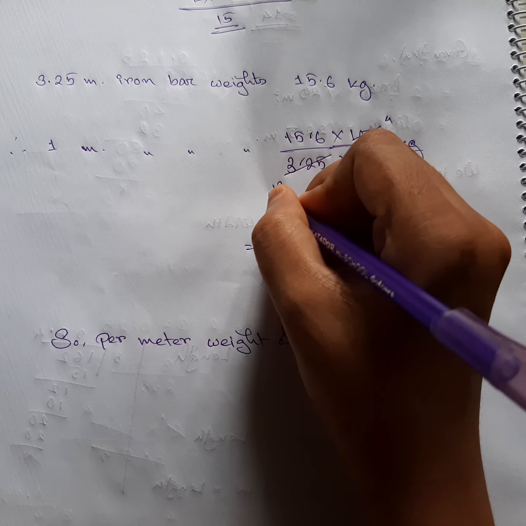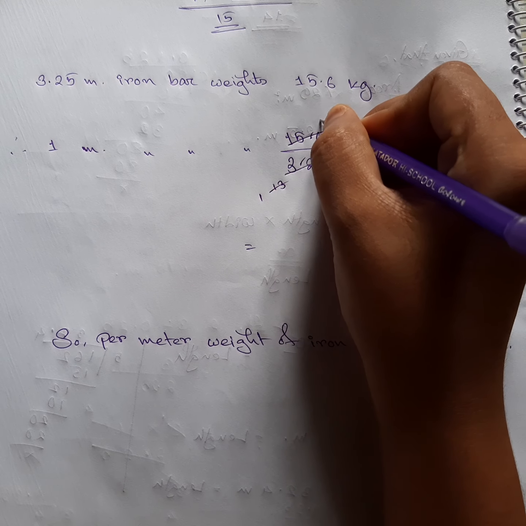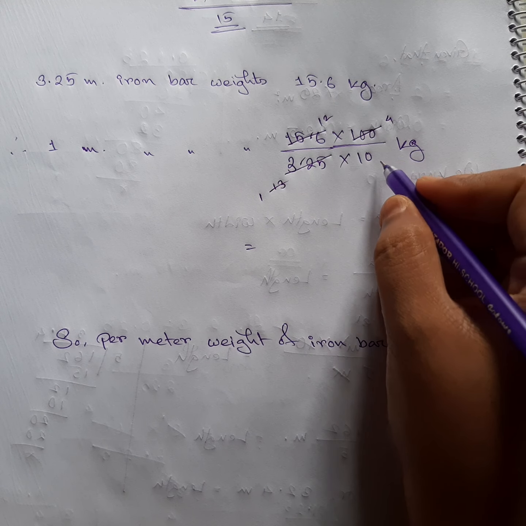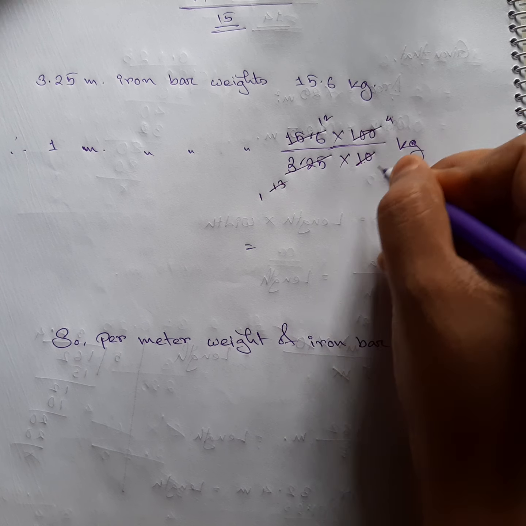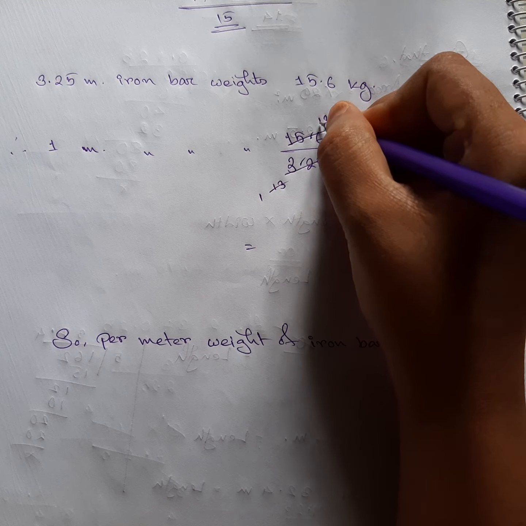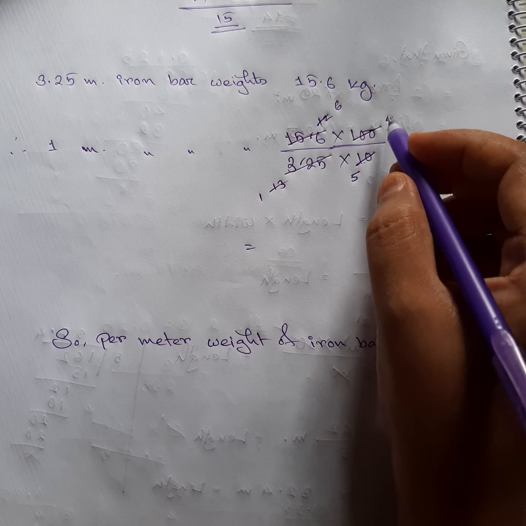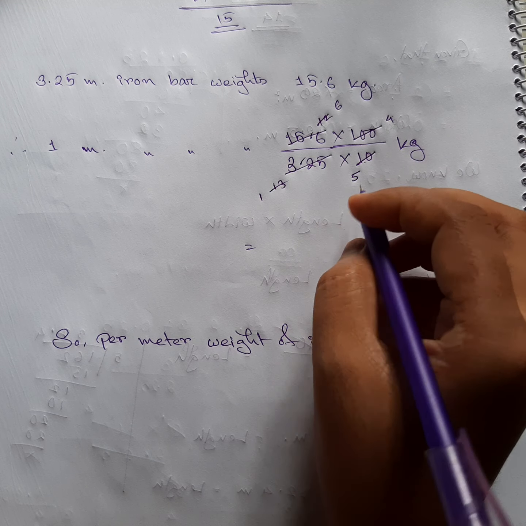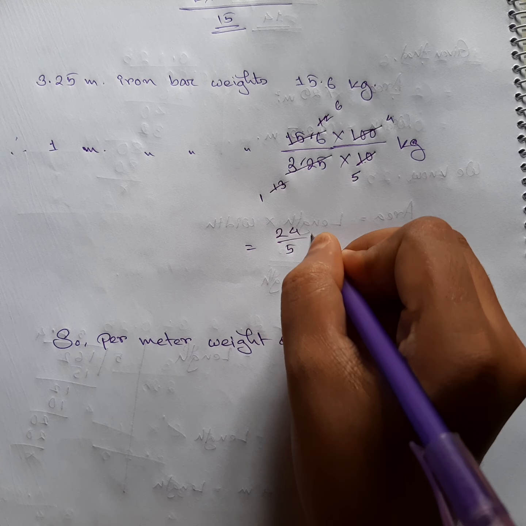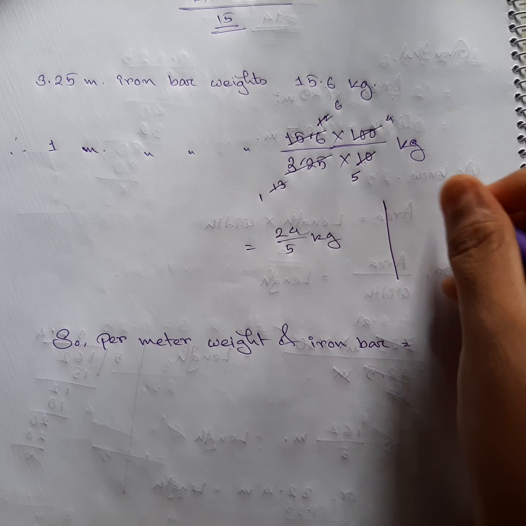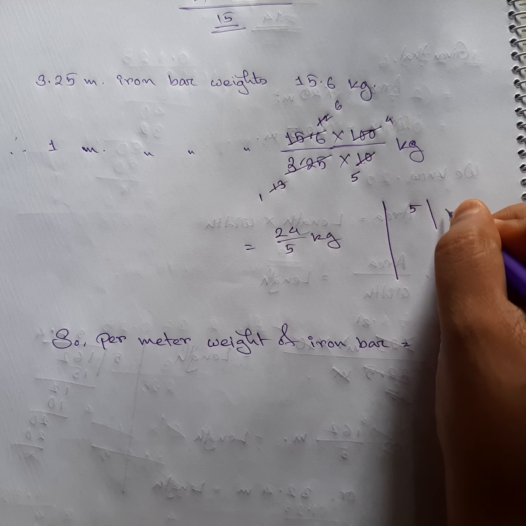Yes, it can. So we are going to minus 1 and there will be 12. Now you can see we have 12 and 4, and we can cut it with 2, 5, and it will be 6. Now we cannot cut it more. 6 4s are 24 by 5 kg, and doing the division over here.